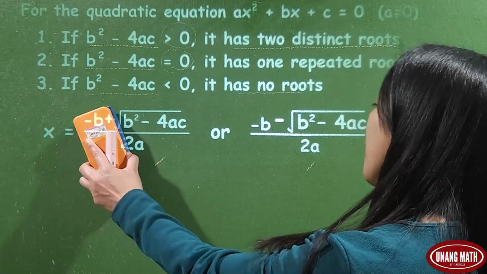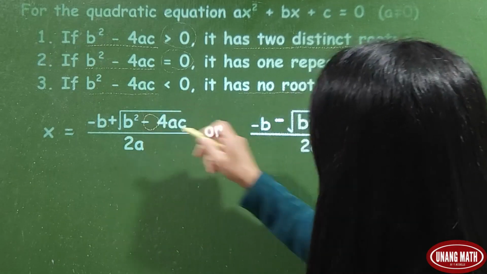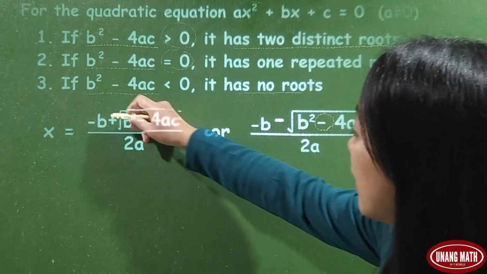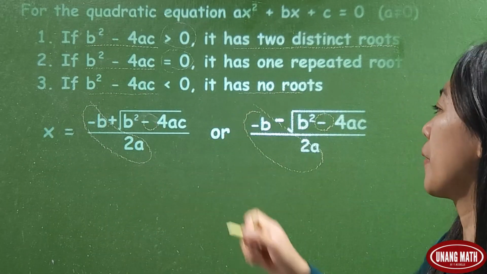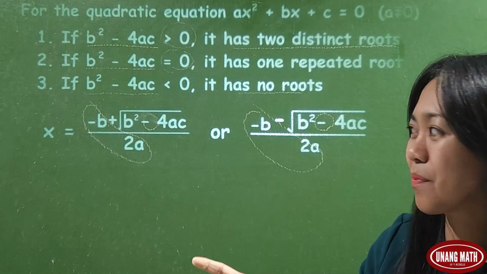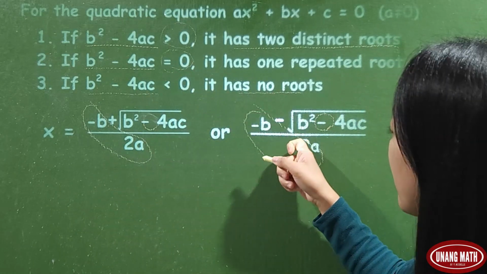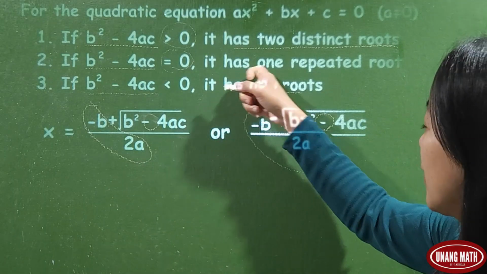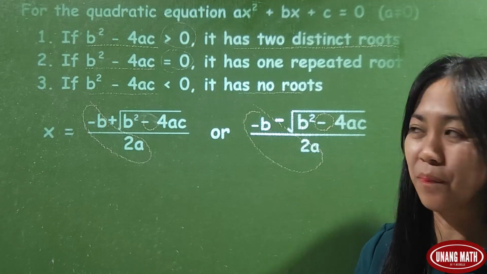But if this value is 0, then it means this and this number are just the same. So if the value of the discriminant is 0, then it has one repeated solution.